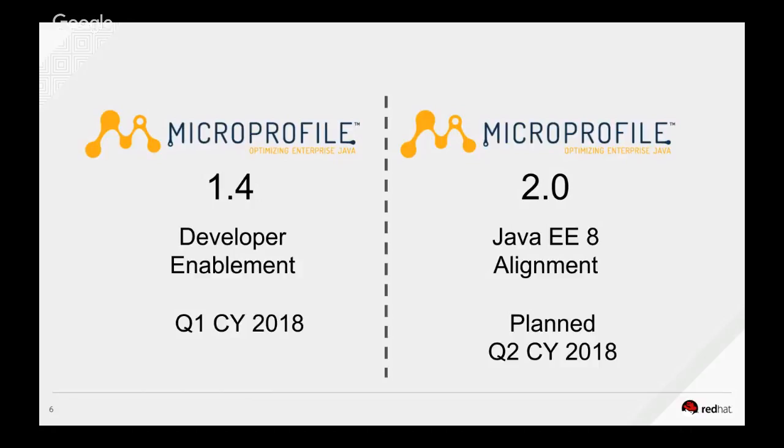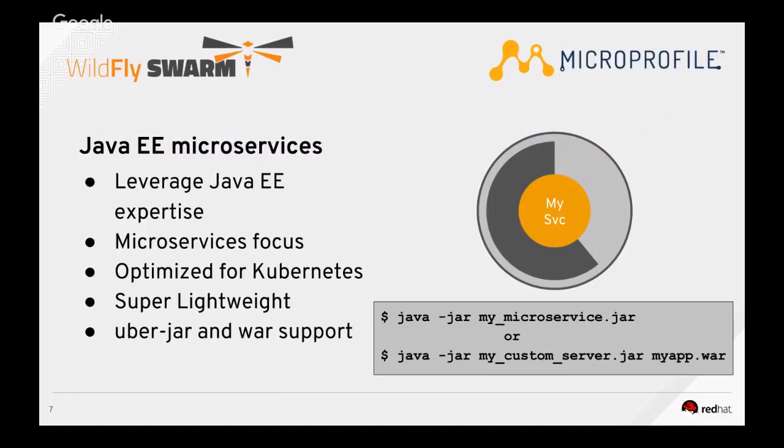All right, so the implementation that Red Hat delivers of MicroProfile is through Wildfly Swarm. And Wildfly Swarm is a rethinking of Wildfly, the application server. So Wildfly, which is productized as JBoss EAP, is a highly modular application server.